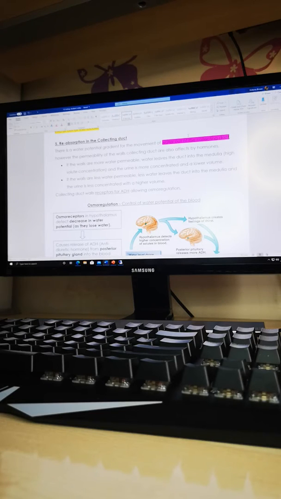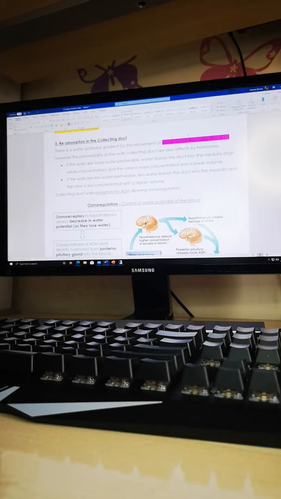So if the walls are more water permeable, water will leave the duct into the medulla and the urine will be more concentrated and have a lower volume. If the walls are made less water permeable, then less water will leave the duct into the medulla and the urine will be less concentrated, more dilute if you like, with a higher volume.